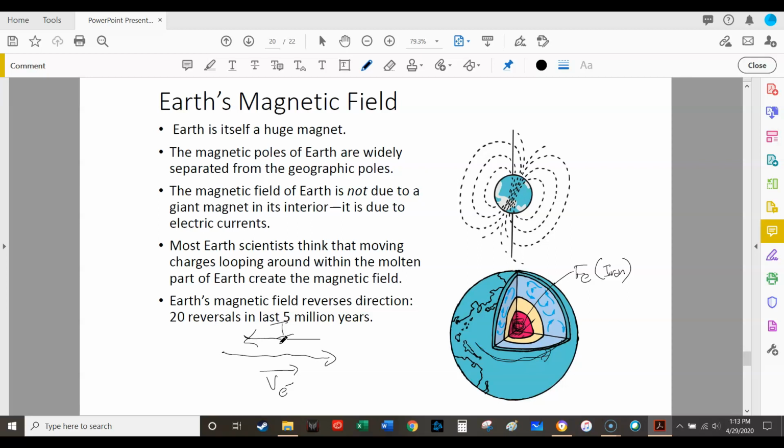Remember, moving electrons are what causes a current. So at the center of the Earth, all these moving electrons, which are moving around in a circle, are moving to the right. Well, that means they're creating a current pointed to the left. And that is what is responsible for the magnetic fields, right? So these moving electrons at the center of the Earth, these unpaired moving electron little dipoles, are moving to the right. And that is creating basically a current to the left.